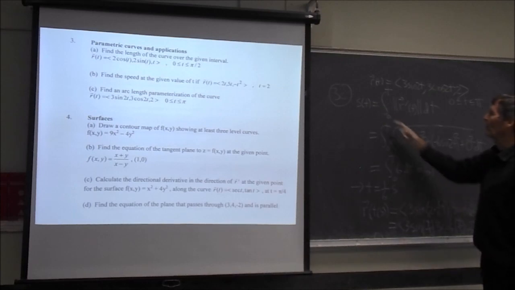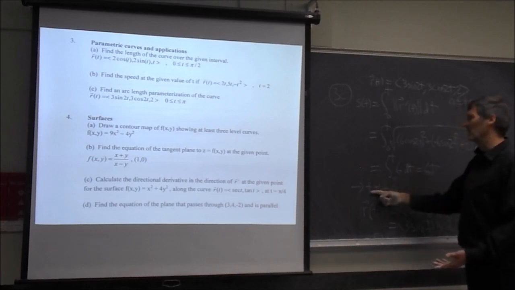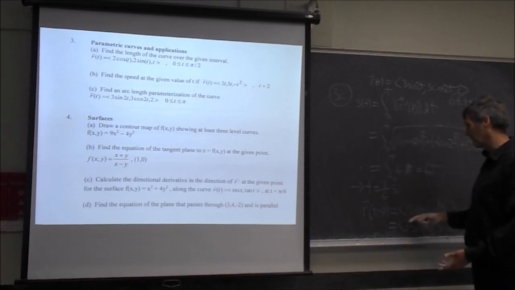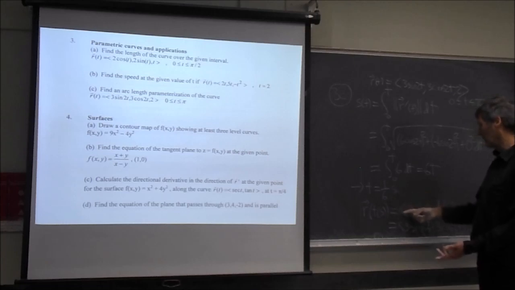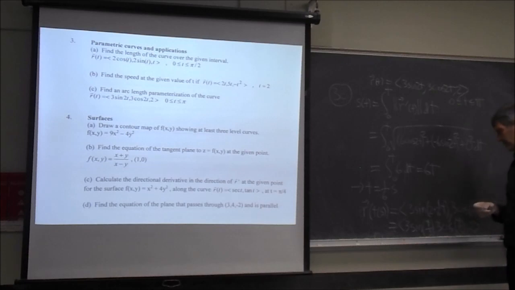So once you find the arc length parameter as a function of t, you invert it to find t as a function of s. Very easy in this case. t is 1/6 s. And just plug in t of s for t in the original vector parametric form.